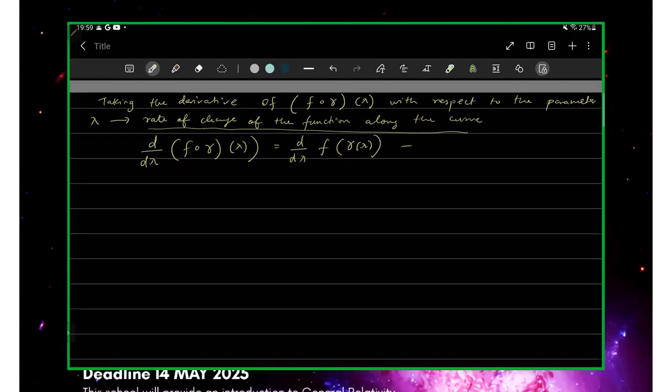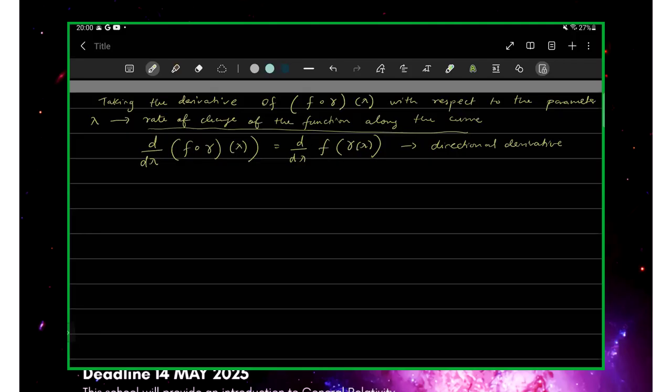Now, this thing is called the directional derivative, which I think you are all familiar with. And it makes sense, right? Because what do we understand by a typical directional derivative? Basically, it is the rate of change along a particular direction, right?